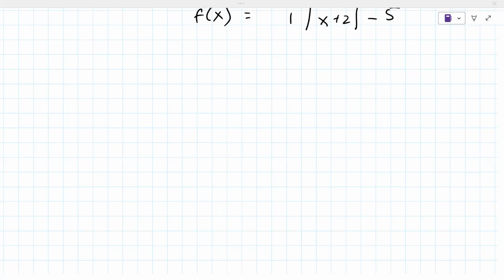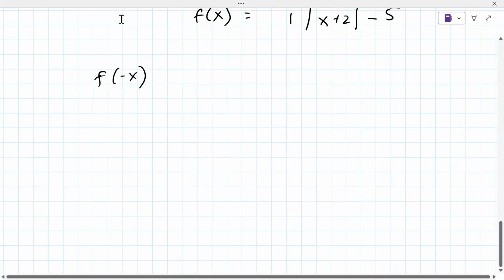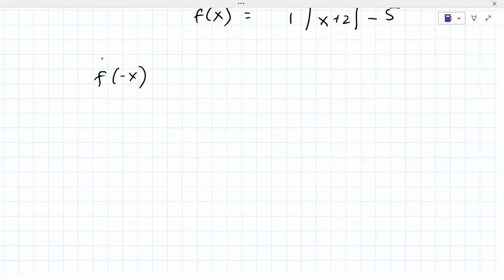So, are you going to have any horizontal shrinks? No, just... How about y-axis flips, which are the f of -x? We have not seen any of these. Are you going to have any of those? Let me see. If you're not sure, I can throw some in.